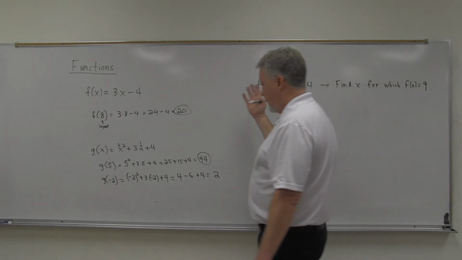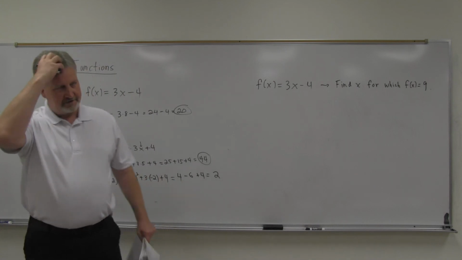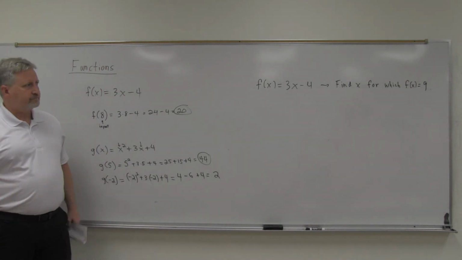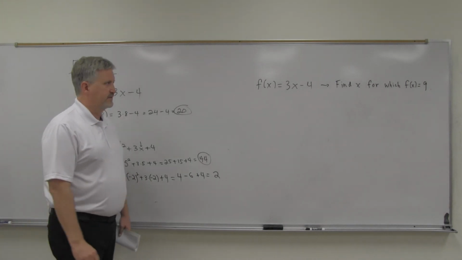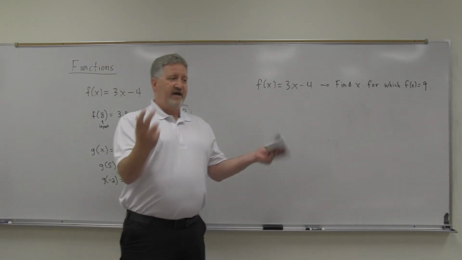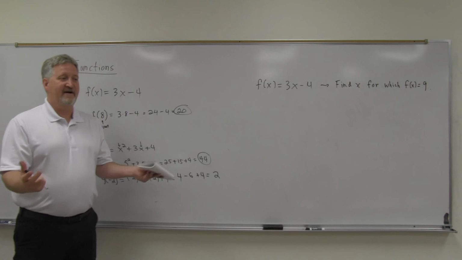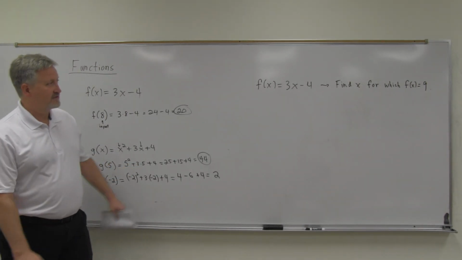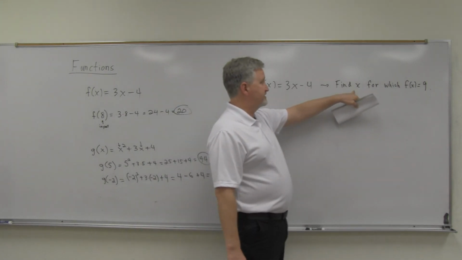So on my original function, f of x equals 3x minus 4, I want to find the x for which f of x equals 9. In this case, I don't have the input value. That's what I'm actually trying to figure out. The x, I'm trying to figure out what x is here.